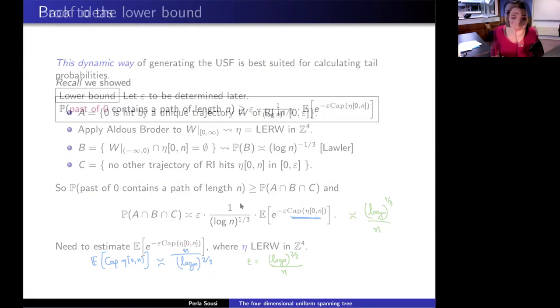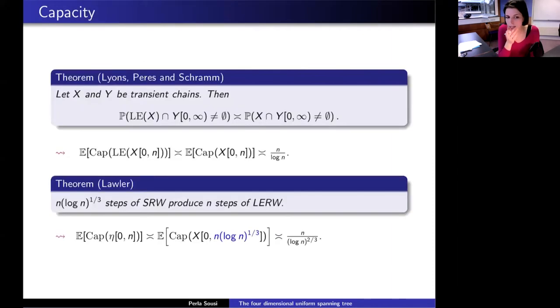Let me just say that one important ingredient here, which is where the power comes from, is the result of Lawler that I stated earlier, which says that if you want to produce n steps of the loop erased random walk, you need to run your simple random walk for n times log n to a third steps.